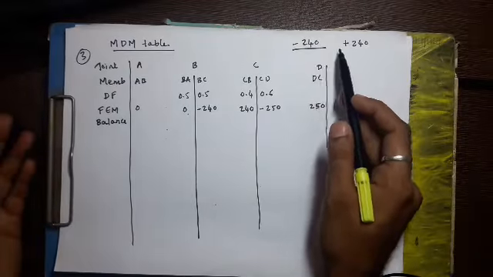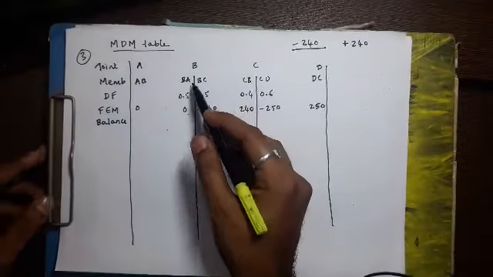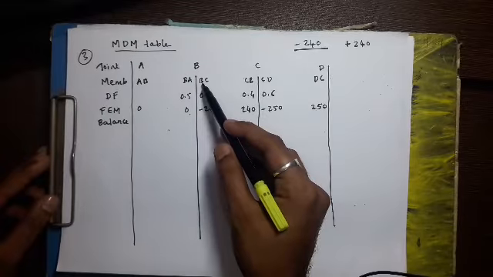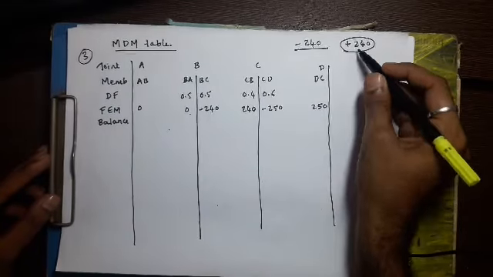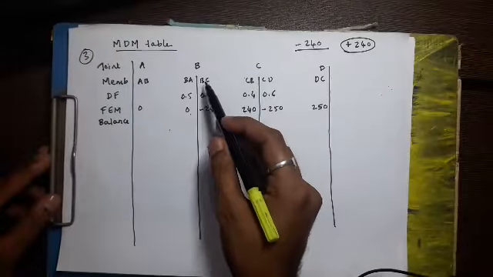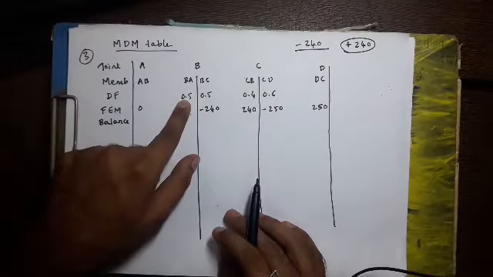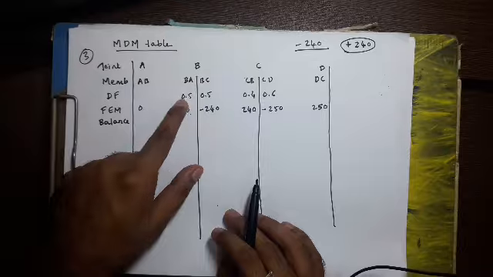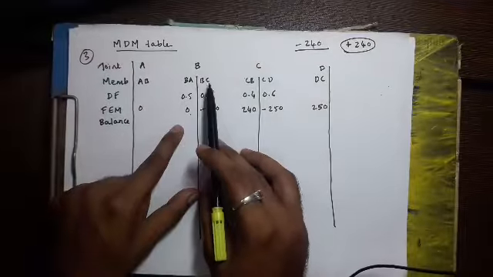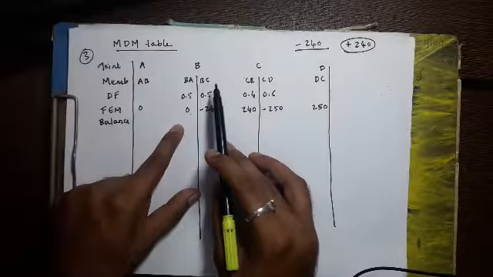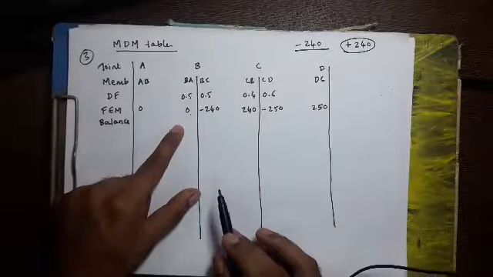Joint B has got two members, BA and BC. So this 240 will be shared to BA and BC by distribution factor. 50% will be resisted by BA and 50% will be resisted by BC.